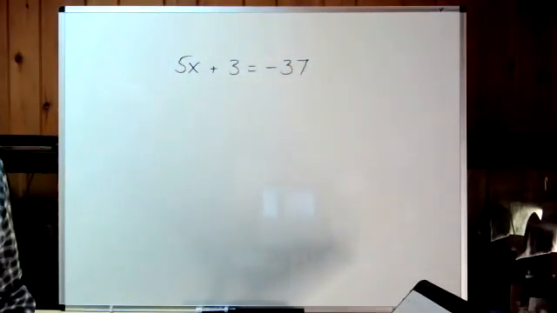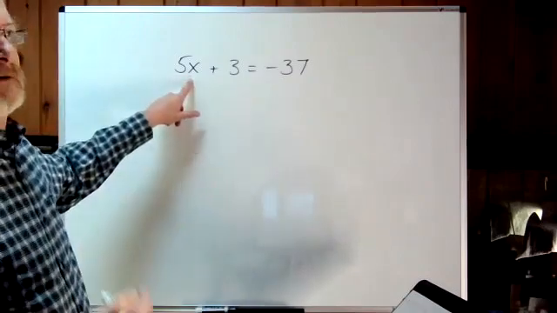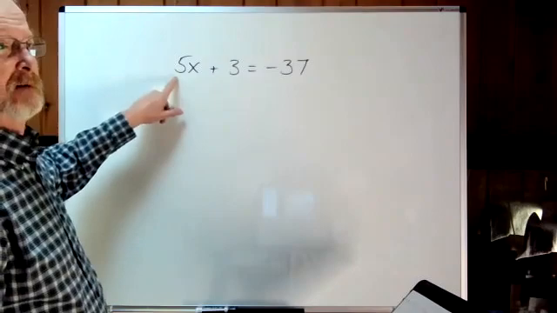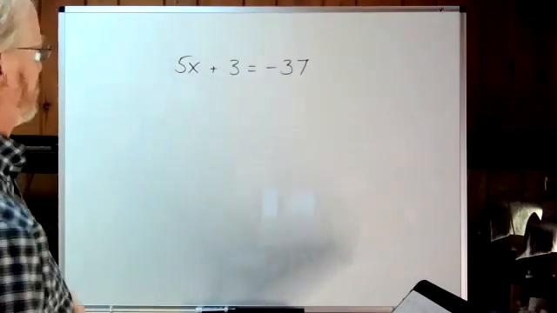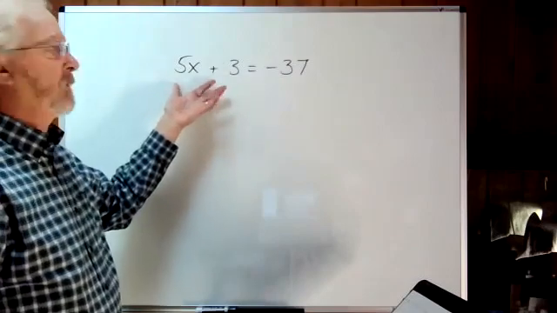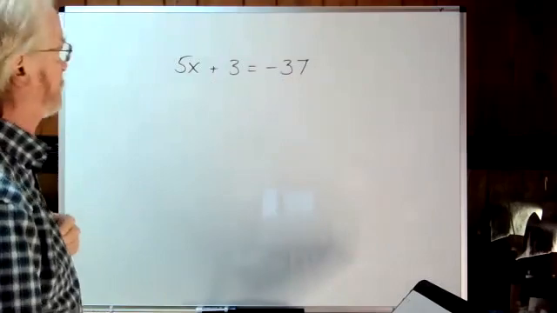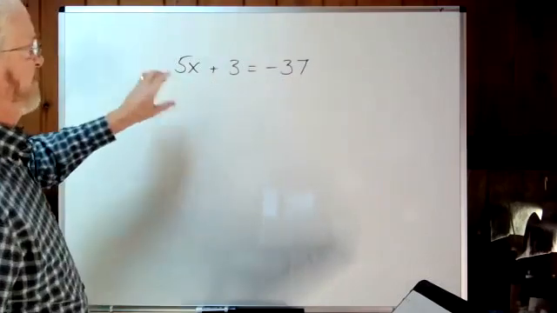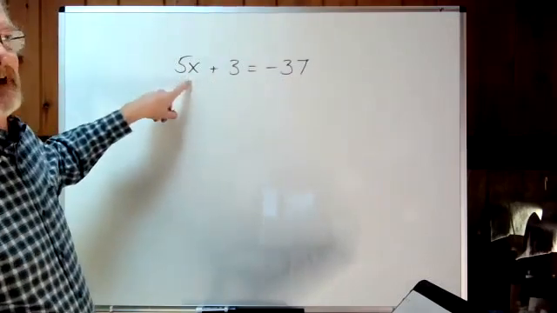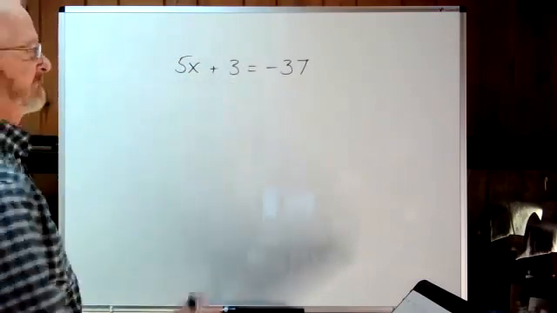Same kind of situation. Whatever x stands for, I want 5 of them and 3 more. And then that expression, that total, is supposed to end up equaling -37. So I'm going to isolate or get the x's alone by subtracting this 3 from both sides.